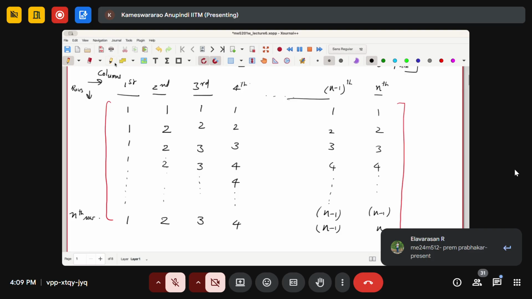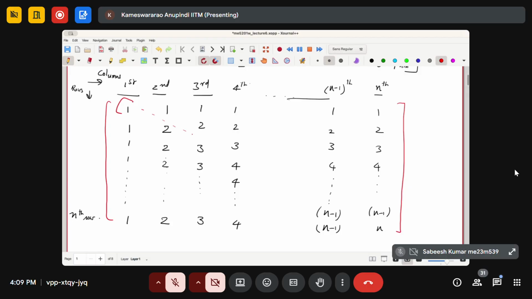One way to think about this is, let us say I exclude the diagonal, that is basically this 1, 2, 3, 4. Essentially, let me look at what is above the diagonal.